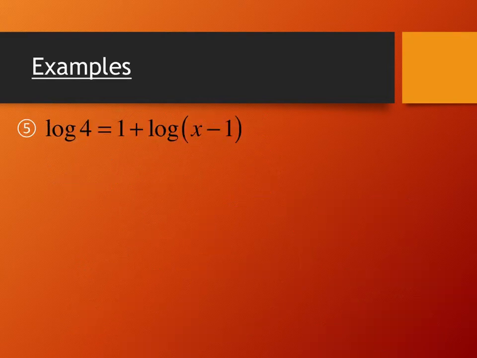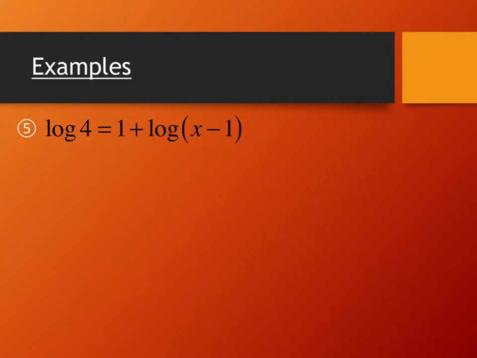Let's do number 5. Okay, so this looks a little bit like a couple things that we've seen. I do have a log on both sides, but I also have this random 1 plus beside one of my logs. Y'all see that? So if I do not have a single log with nothing else added to it on both sides, what it means is I need to move the logs onto the same side.